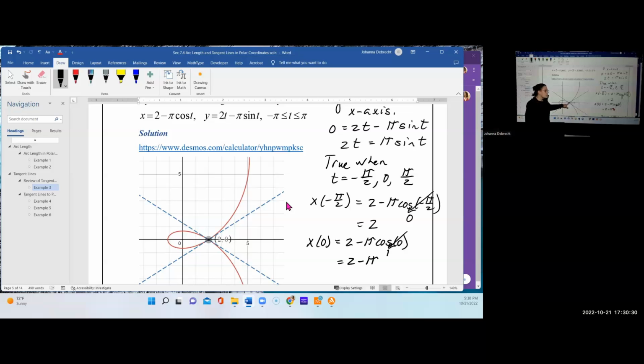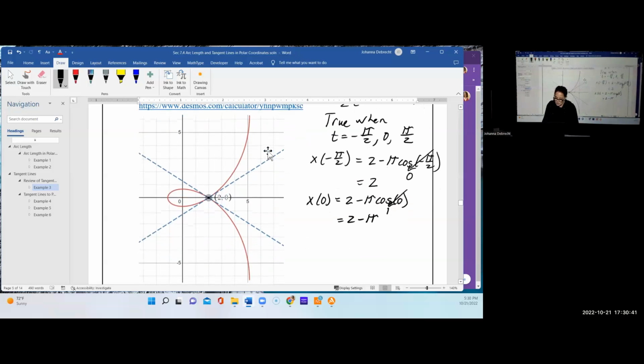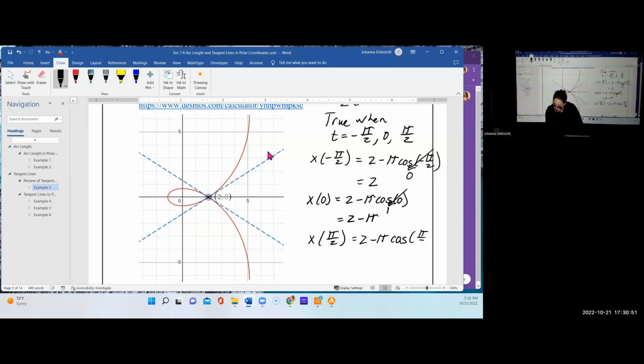I'm looking for the other time it intersects on the right half of the plane. So when I'm looking at that, I'm suspecting it must be at pi over 2. And of course, it will be at pi over 2 because the cosine of pi over 2 is also 0. So we have pi times the cosine of pi over 2.